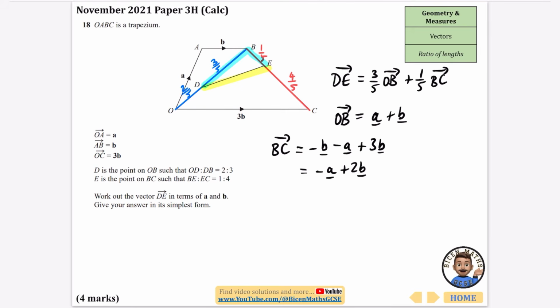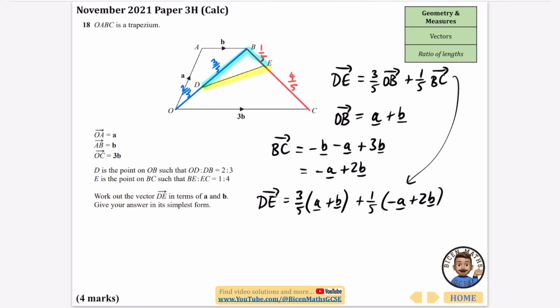Now putting that all together, we can say that DE is equal to 3/5 of A plus B plus 1/5 of minus A, sorry, because it's coming from this part, of minus A plus 2B.